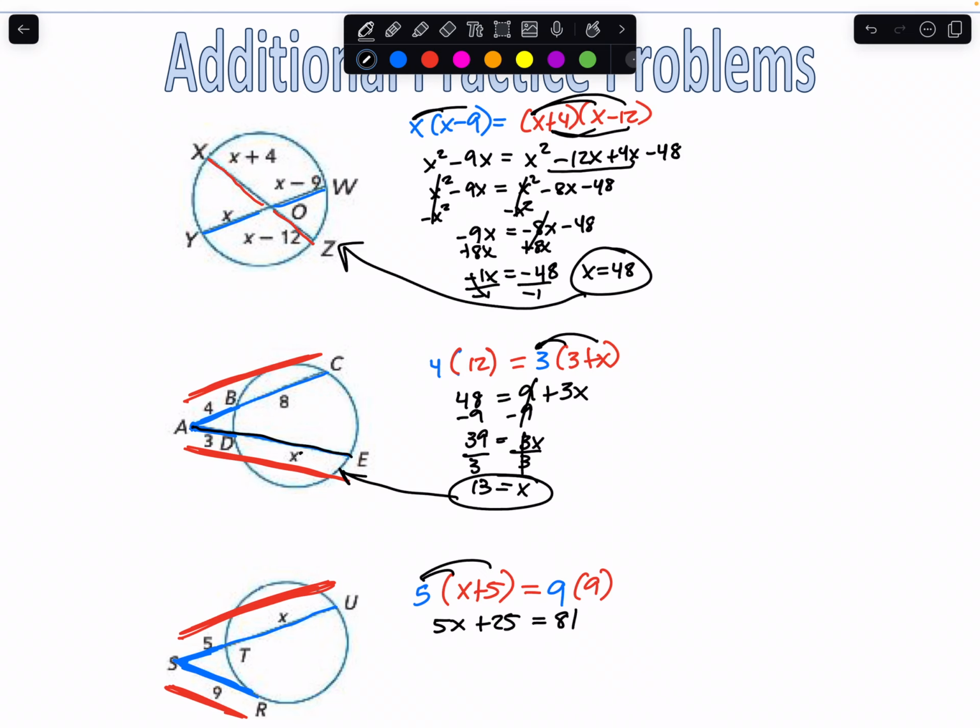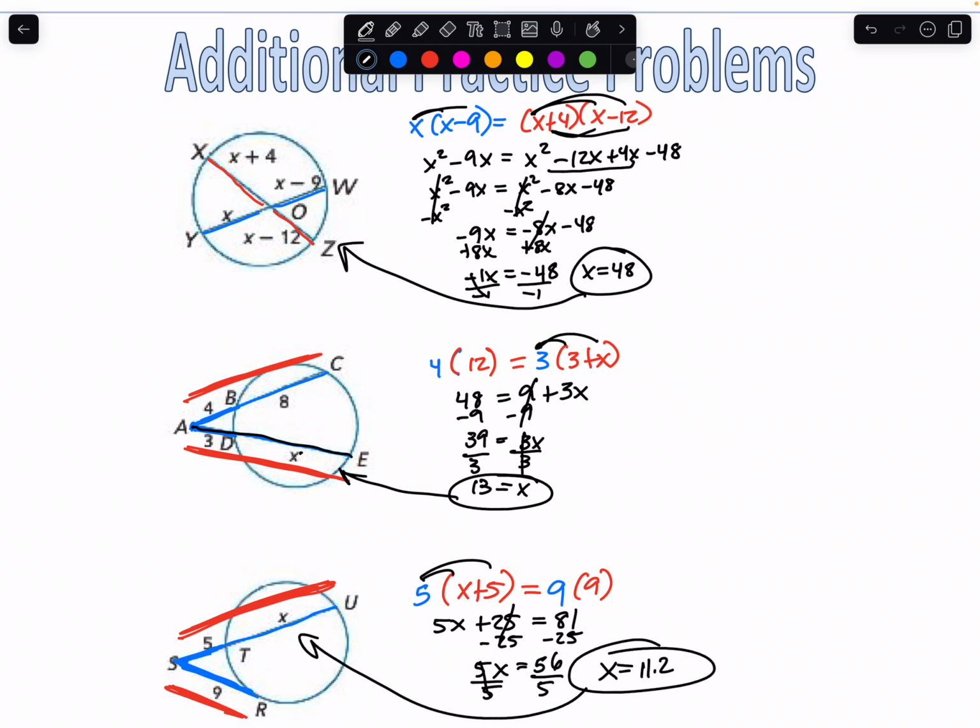I isolate the variable, subtract 25 on both sides. 5x will equal 81 minus 25, which is 56. Divide both by 5. x equals 56 divided by 5, 11.2.